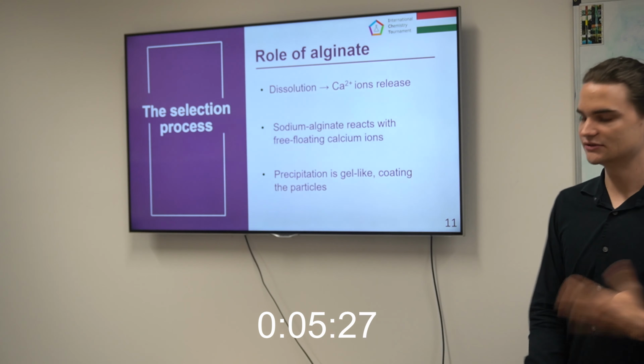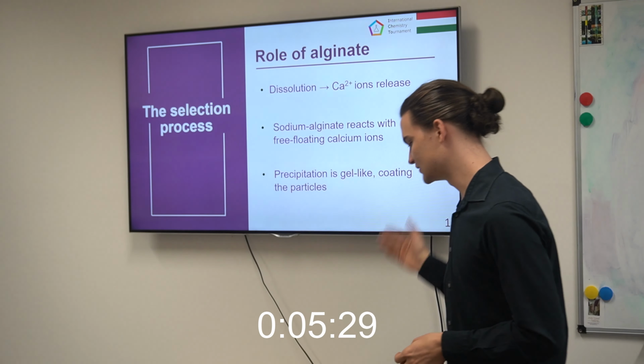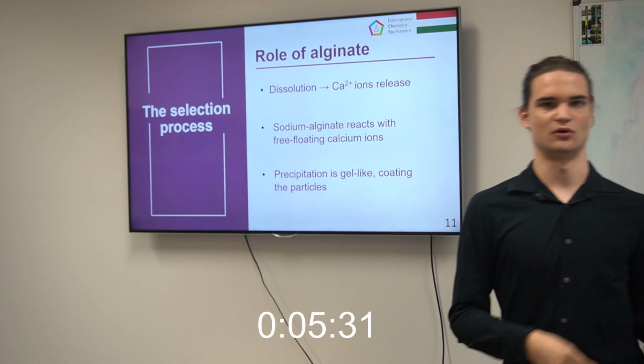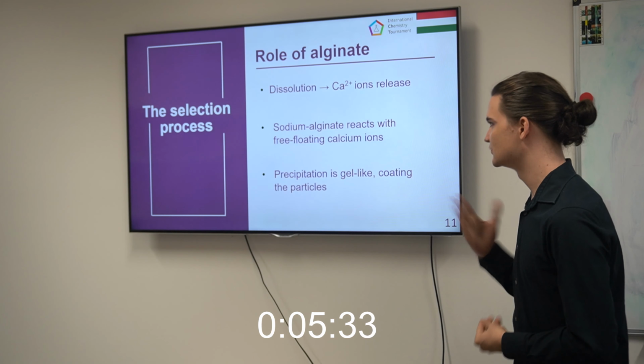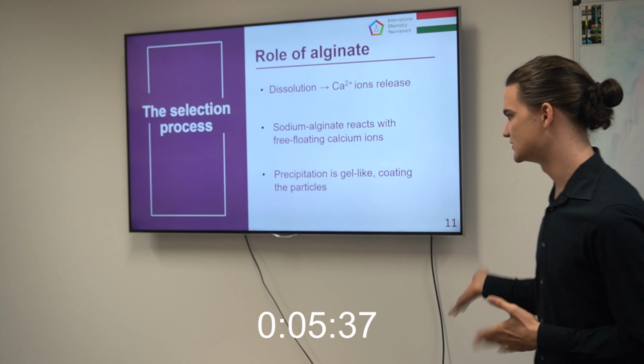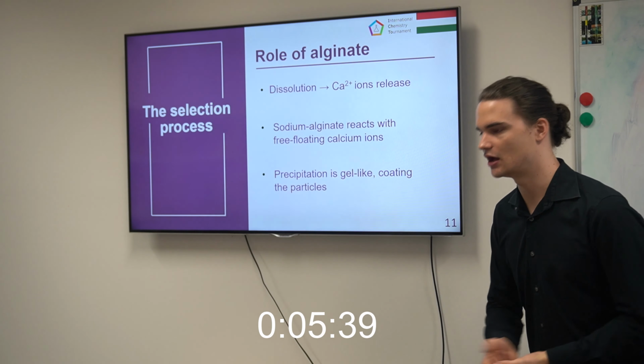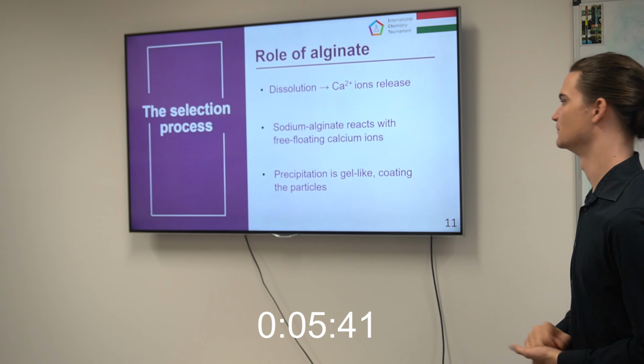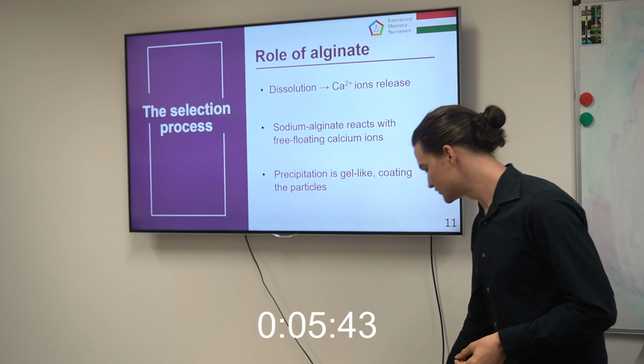And as they dissolve, free-flowing calcium ions are released from the crystal. And sodium alginate, which is in the bath, reacts with these calcium ions, and it creates a gel-like precipitation that will coat our particles.